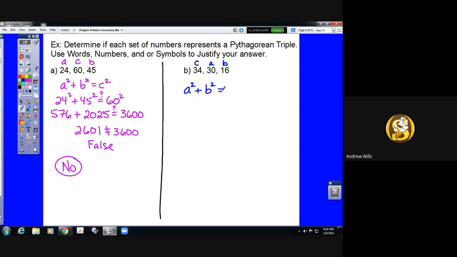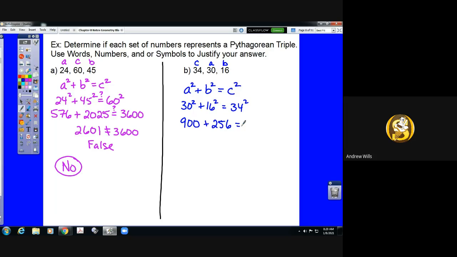Again, if one of them was a fraction or a decimal, then we could instantly say no, because they have to be integers. Okay? So we run through and we check here. 30 squared plus 16 squared equals 34 squared. And we're checking to see whether or not that is true. 30 squared is 900. 16 squared is 256.